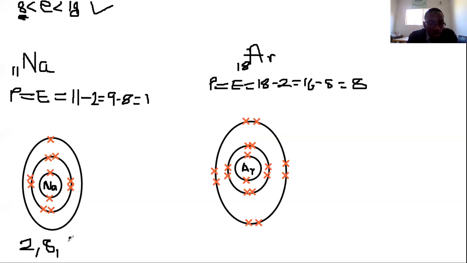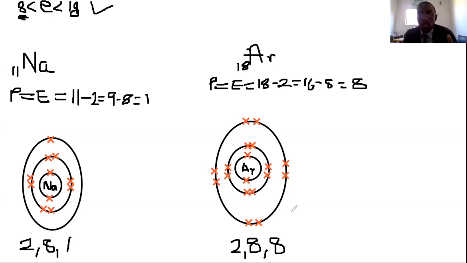In the third shell, you have 1. So 2, 8, 1 is the electronic configuration for sodium atom. Argon is going to be 2, 8, 8. So that is the electronic configuration for argon atom.